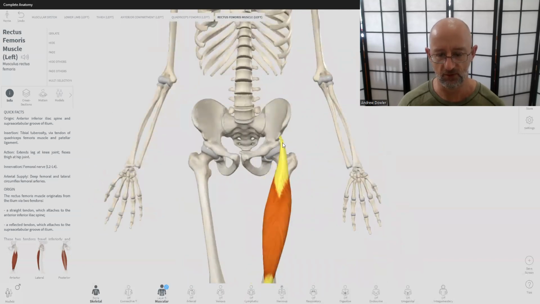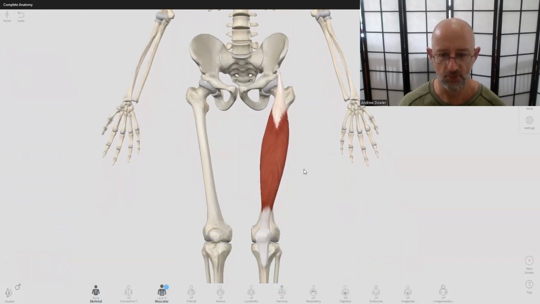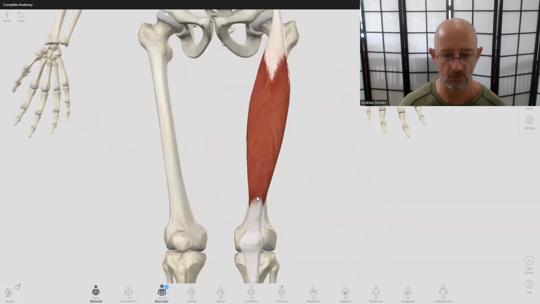So essentially where it's highlighted yellow or white, that's the tendinous aspect of the muscle, and where it joins the red, that's the musculotendinous juncture, both superior and inferior. And just noticing here the fiber direction of the muscle.